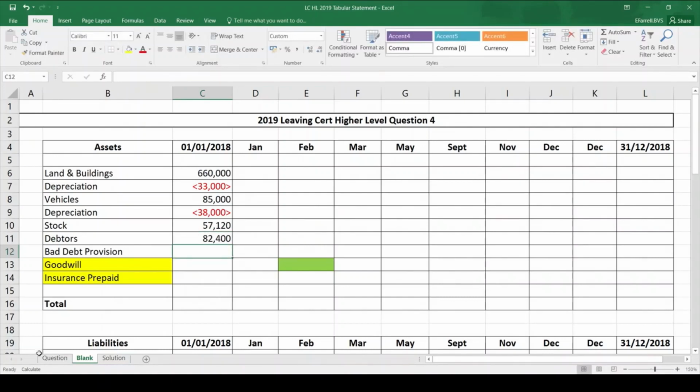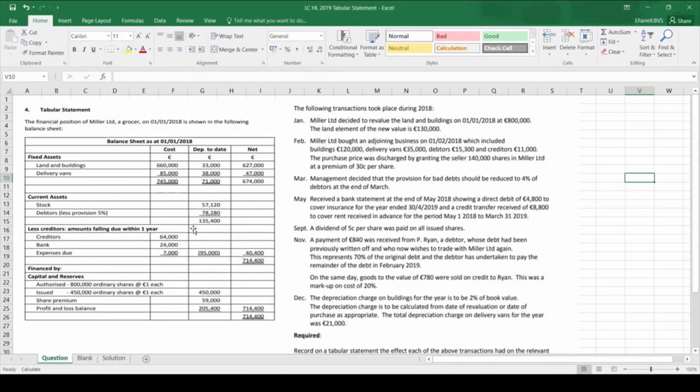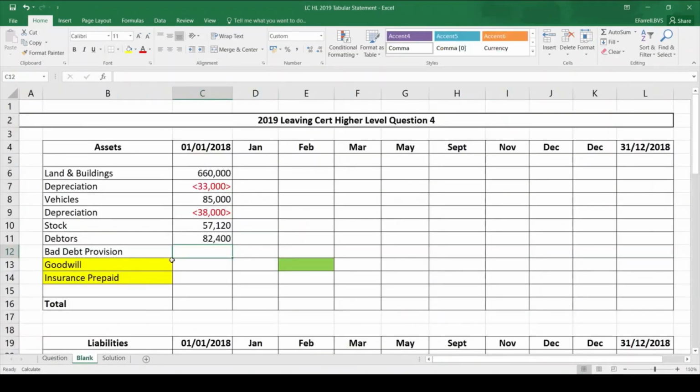The provision is the difference between the 78,280 and the 82,400, which is minus 4,120. And these two figures should net down to 78,280, which is in the question.